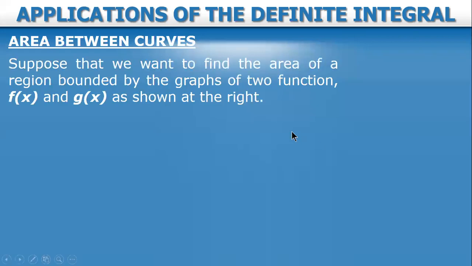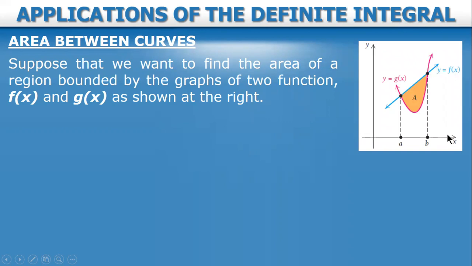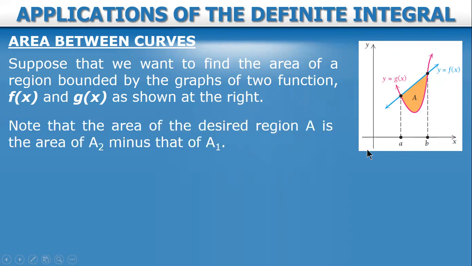Suppose that we want to find the area of a region bounded by the graphs of two functions f of x and g of x as shown at the right. How do we get this area? Given the two functions f of x and g of x, note that the area of the desired region A is the area of A sub 2 minus that of A sub 1.